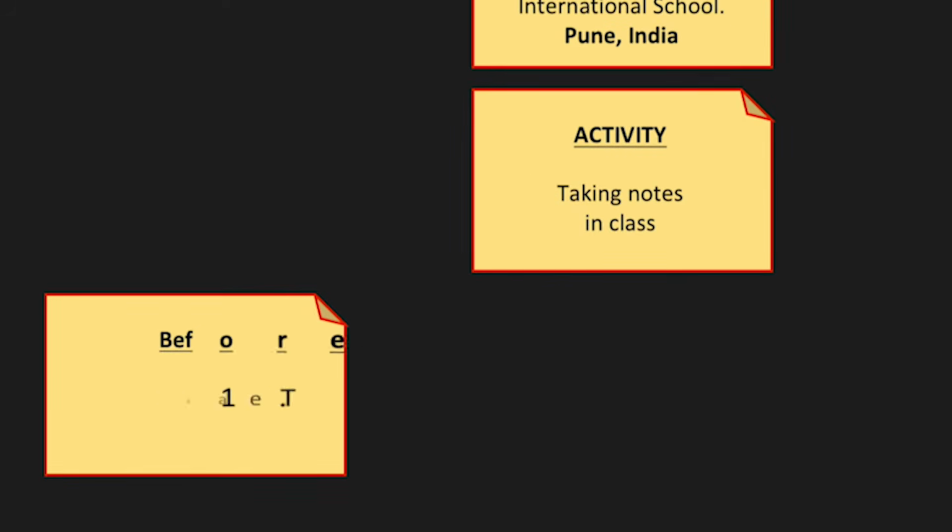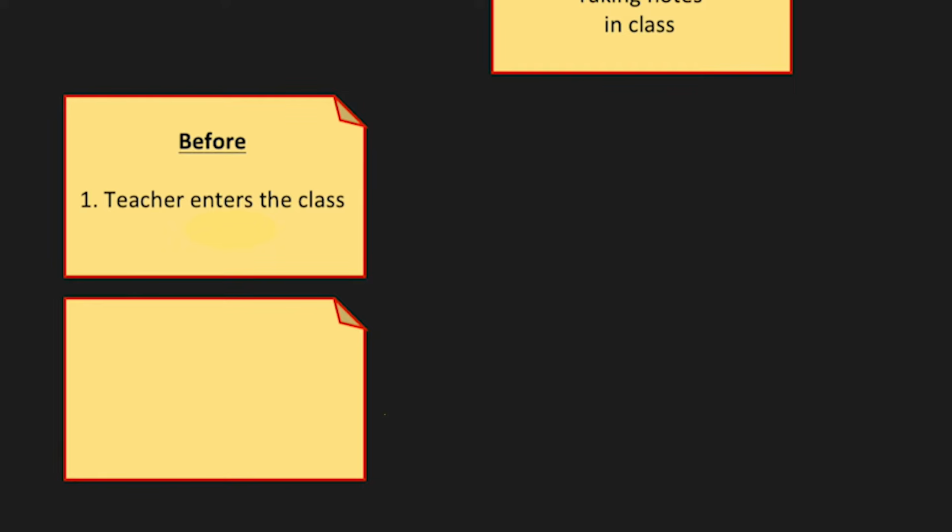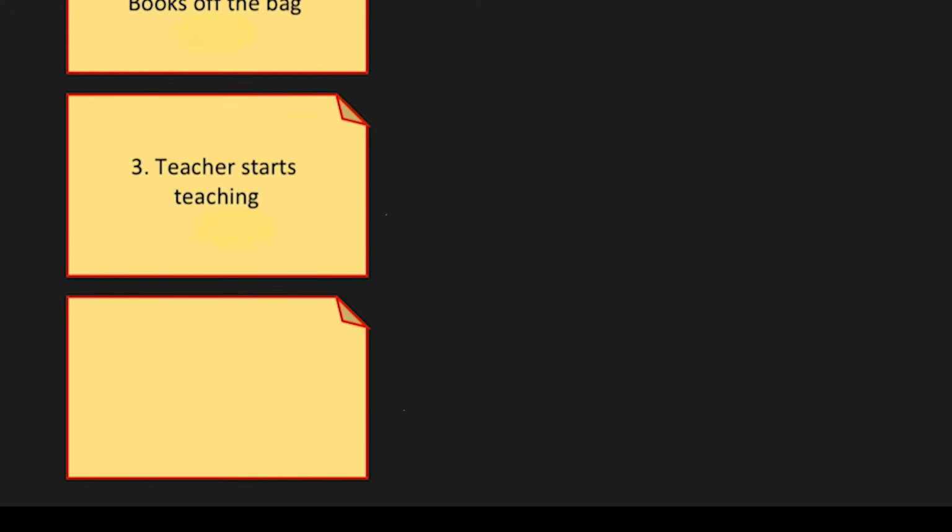Then the teacher would either ask the students to take out their notebooks and textbooks, or they themselves would have the notes and text ready. That would be activity number 2, teacher instruction and notes. After that, the teacher would start teaching, and eventually Sam tries to get what the teacher is teaching and jot down some notes in his notebook.